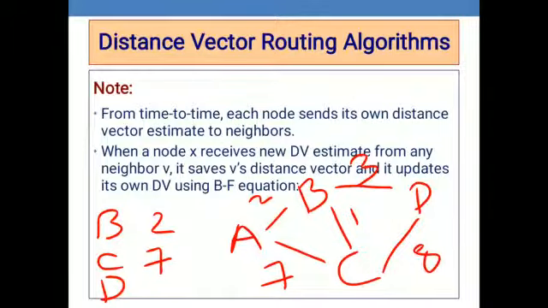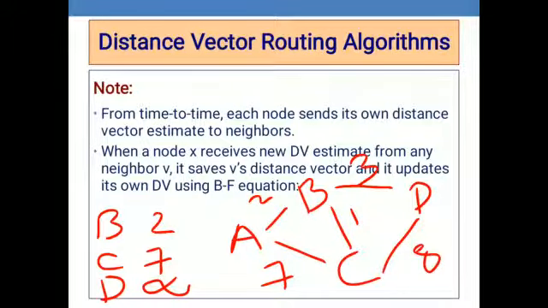And from A to D, is there any direct connection? No, there is no direct link between the nodes A and D. So in this case, we put the initial value as infinite, because there is no direct link between node A and node D, so we don't know the distance.